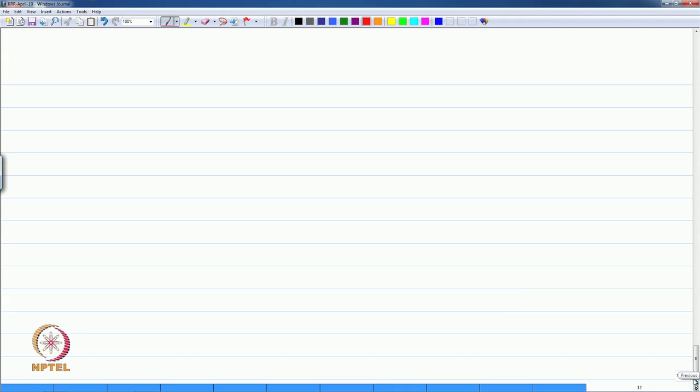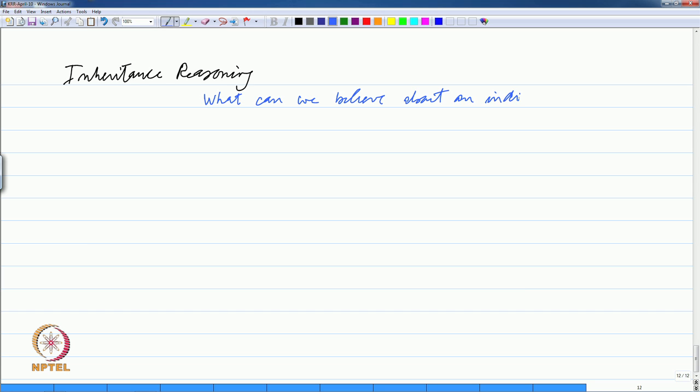So, finally, we can talk about inheritance again. What can we believe about an individual? So, people have identified three kinds of reasoning.